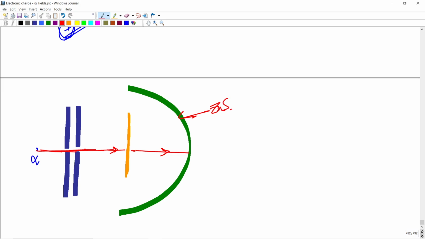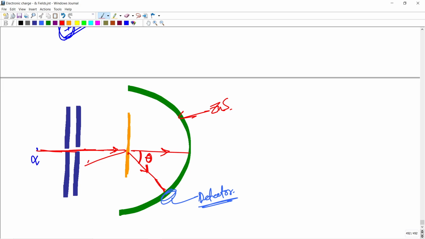And here suppose 1 million alpha particles. One alpha particle, suppose I say, is deflected in that direction, so that angle is theta, and here we put a detector. And here one alpha particle moves in the backward direction.